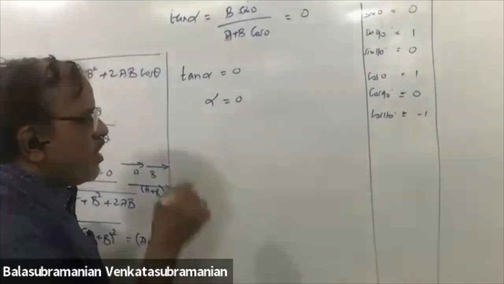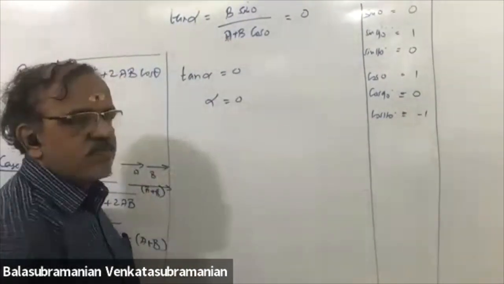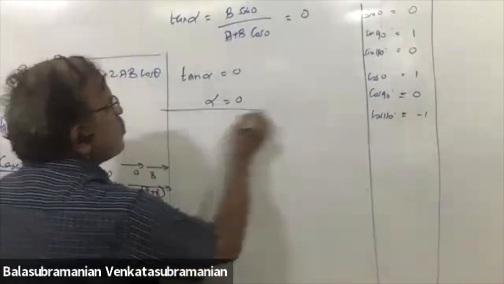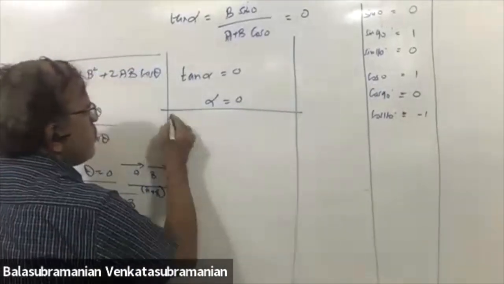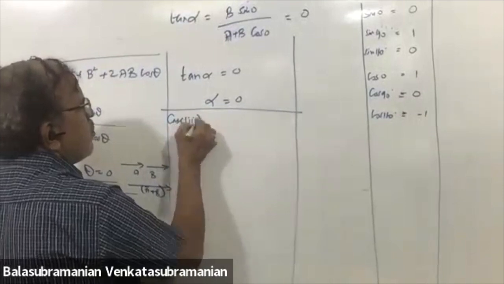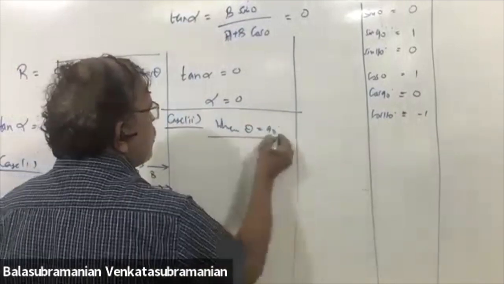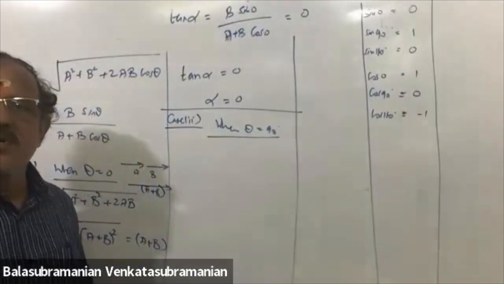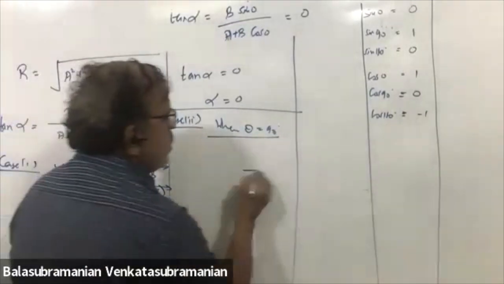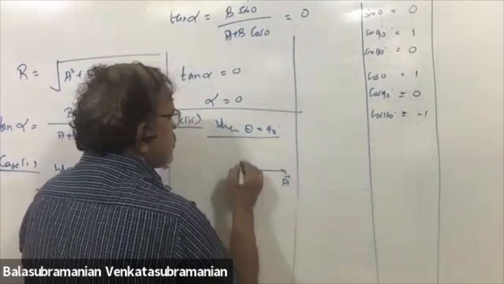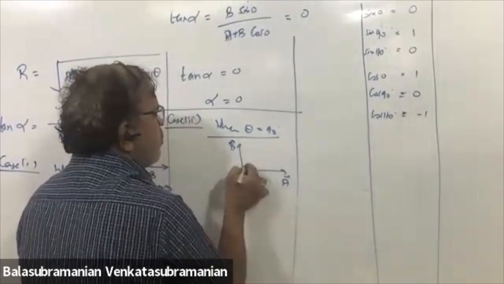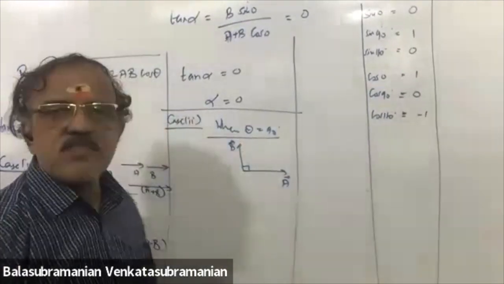Tan of 0 is 0. Case 2: when theta is equal to 90, this is A vector, this is B vector, both are perpendicular to each other.